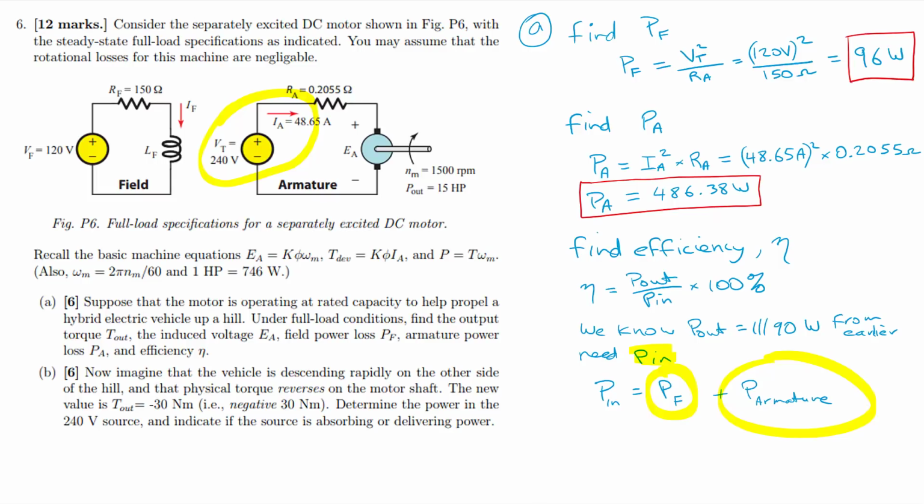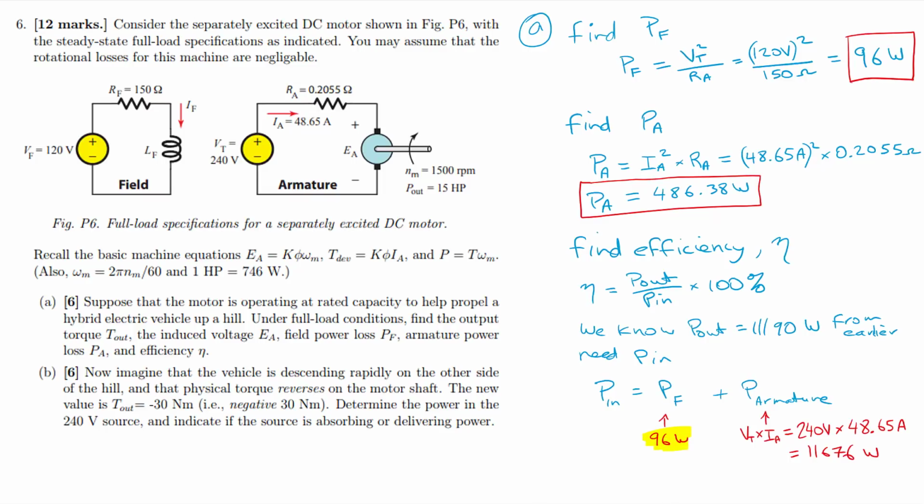We've already calculated the power in the field as 96 watts, and the power in the armature is going to be the terminal voltage times the armature current. So that's the total power going into the armature. We know that the voltage is 240 volts and the current is 48.65 amps. And then we get a total result of 11,676 watts.